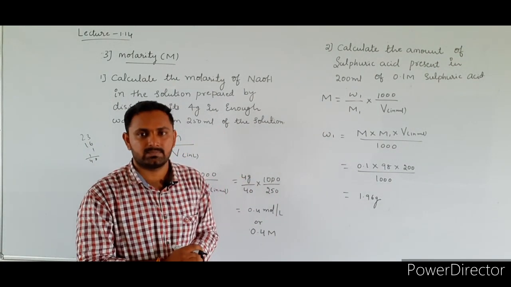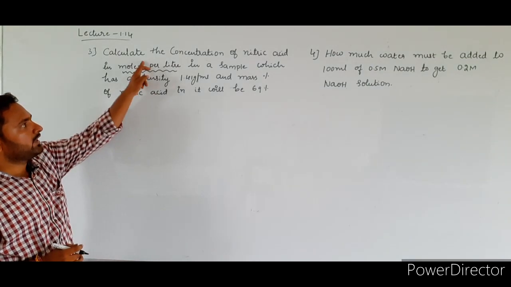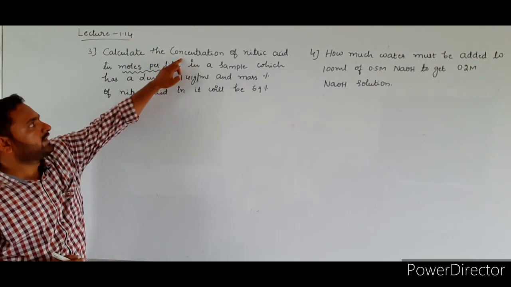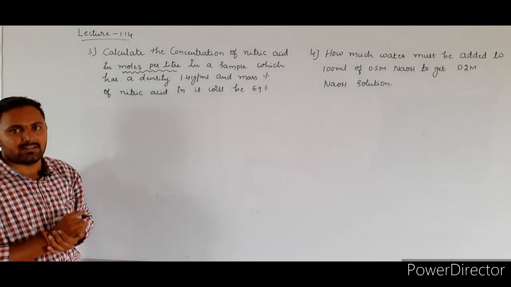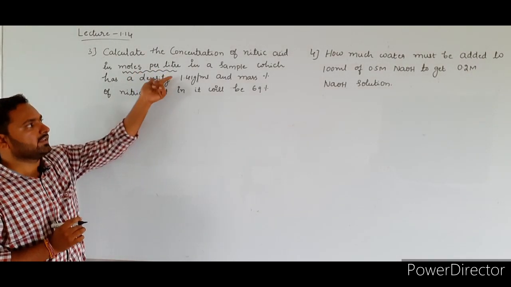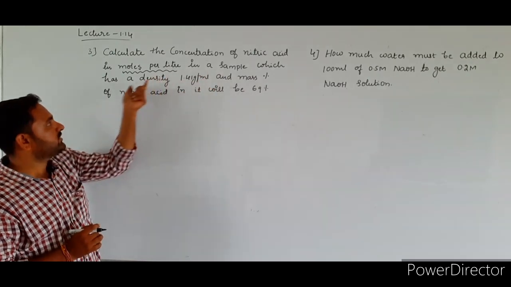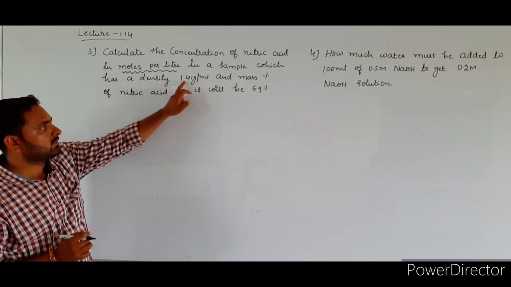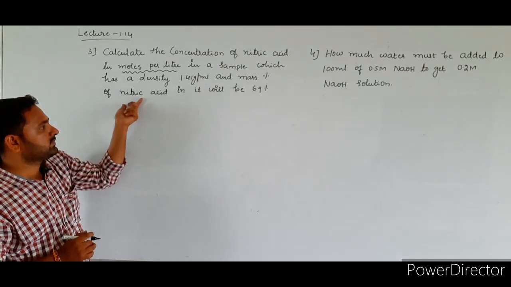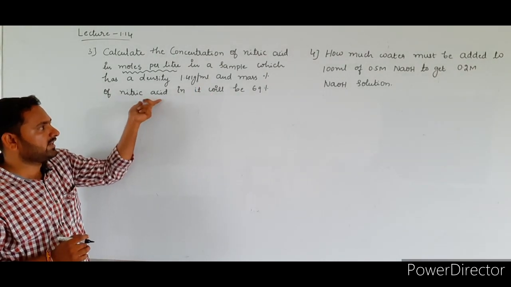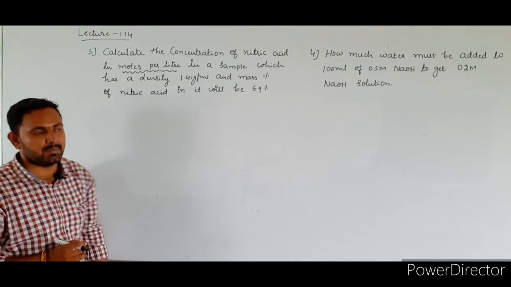Next numerical. Calculate the concentration of nitric acid in moles per liter. Moles per liter, that indicates molarity. In a sample which has density 1.41 gram per ml and mass percentage of nitric acid is 69%.